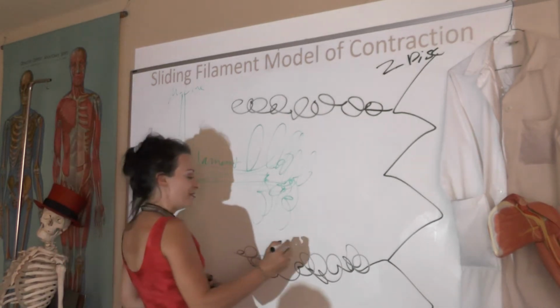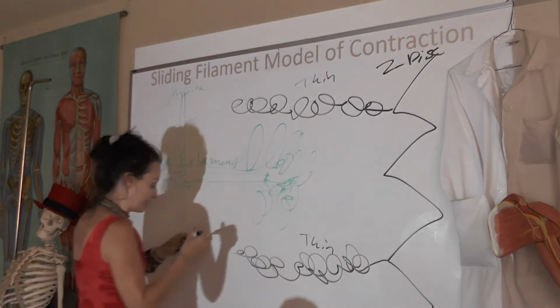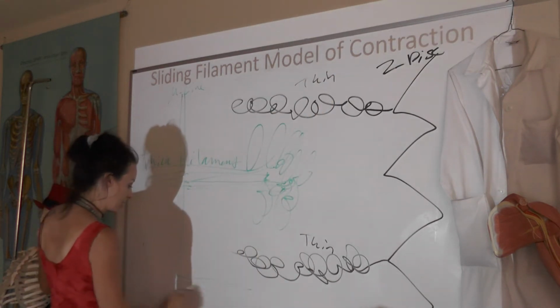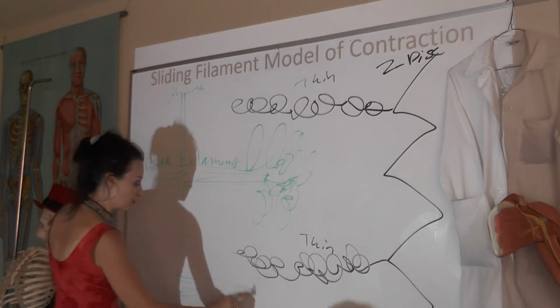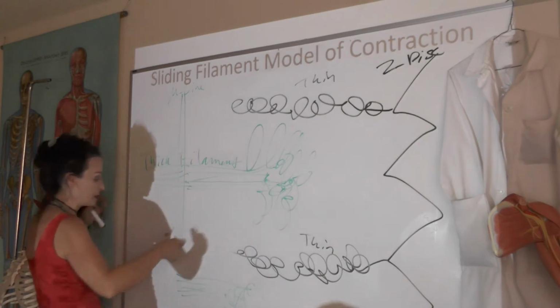Okay, so this is a thin filament. This is a thin filament. Here's a thick filament. I've got another thick filament right here with all these myosin proteins sticking out all over the place. Why? To grab on to all the thin filaments that are in here.